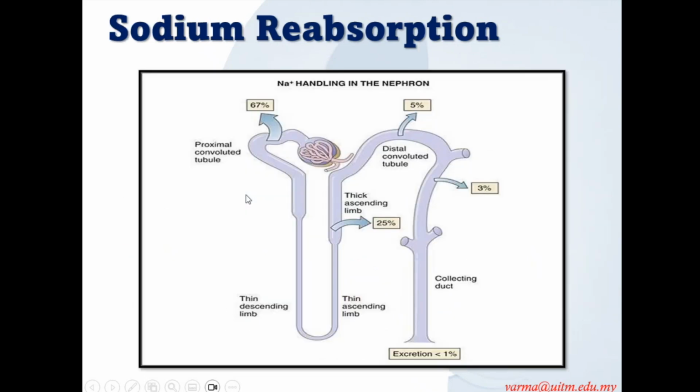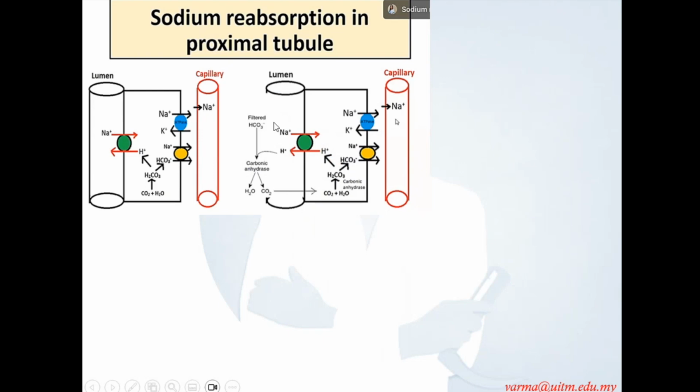So sodium handling in the nephron. Now we go into details of it. That's just an overview. We know 65 to 75% is reabsorbed from the proximal convoluted tubule, another 25% from the thin ascending limb of the loop of Henle, and another 5 to 10% from the distal convoluted tubule. In the proximal tubule, as I mentioned, the main exchanger that works here is the sodium hydrogen exchanger.